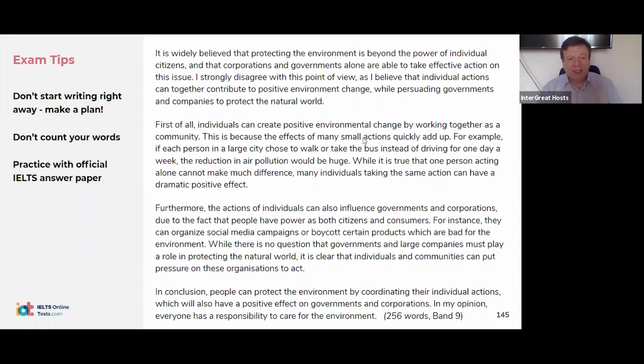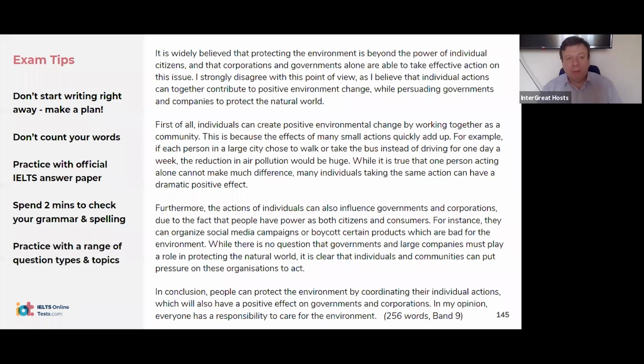Use the official IELTS answer paper. You can download this off the internet if you go on any British Council website. And then make sure you have time at the end to proofread. It's important. I wouldn't use in a nutshell. It's not very formal, so be careful of using that. But make sure you proofread and then be familiar with a range of topics.